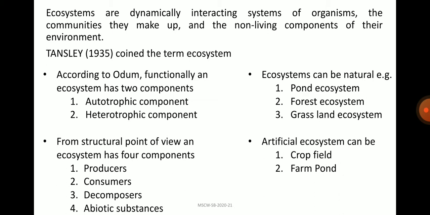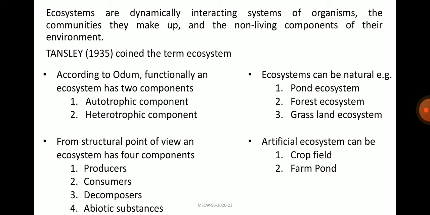From a structural point of view, an ecosystem has four main components: the producers, the consumers, decomposers, and abiotic factors. Ecosystems can be natural or artificial.